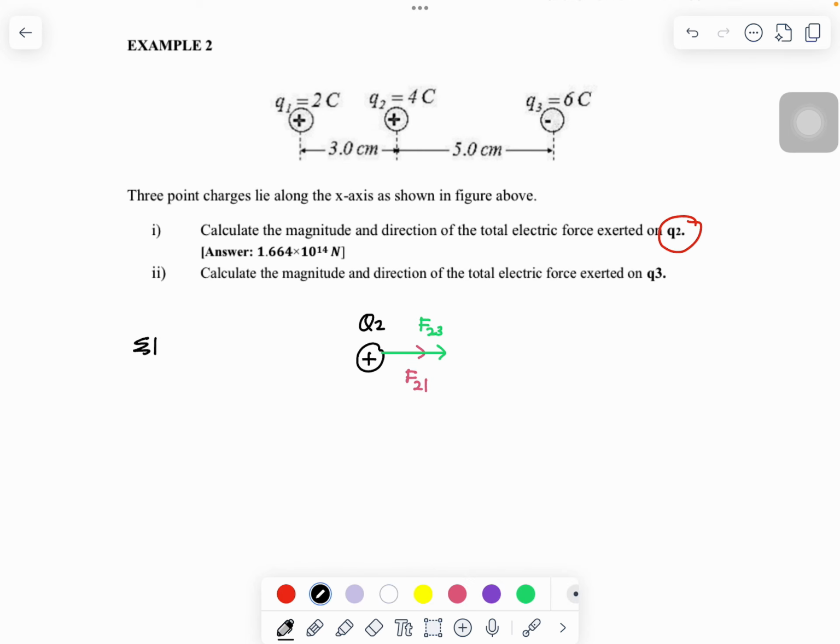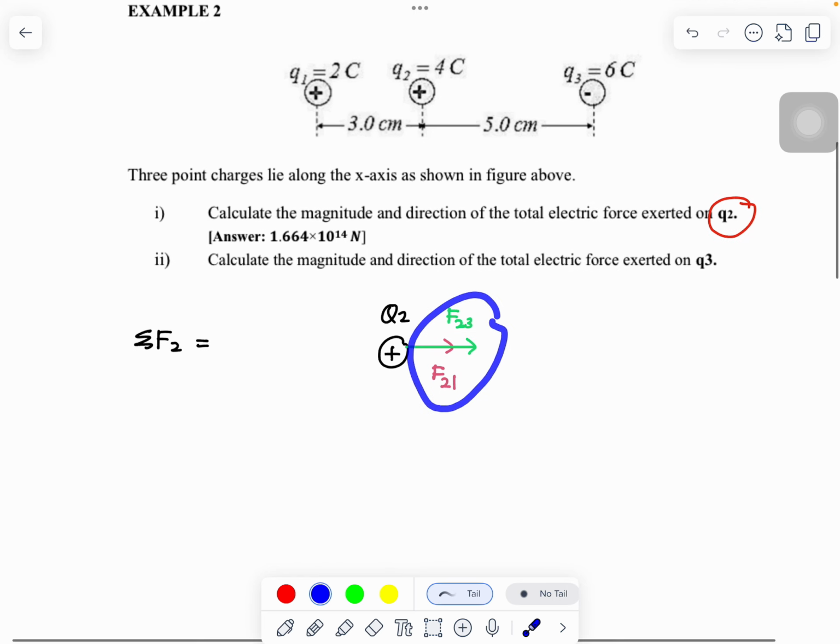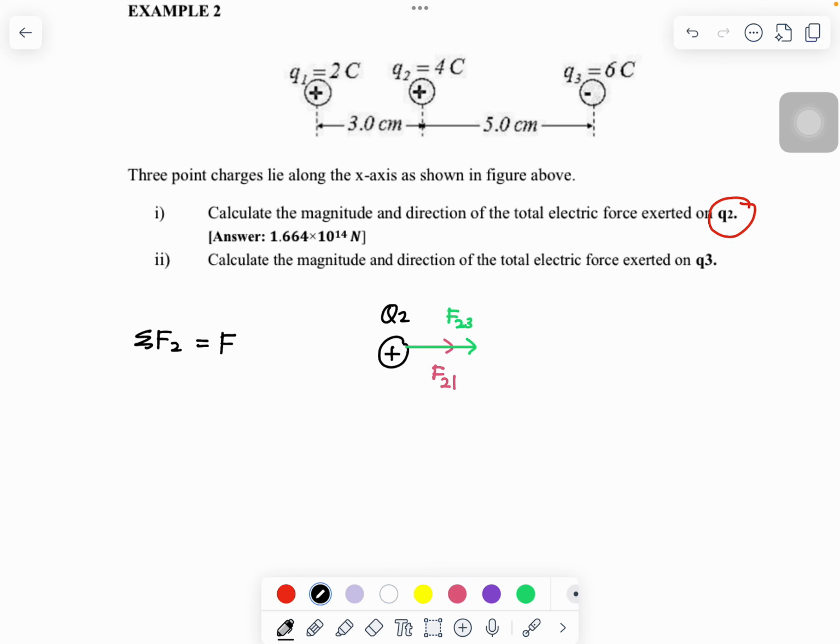The sum of F2 equal to F23 plus F21. Since dua-dua pergi kanan, so dua-dua akan jadi positif. So F23 plus F21. Okay, so let's calculate these two separately first supaya kita boleh nampak lebih jelas lah.